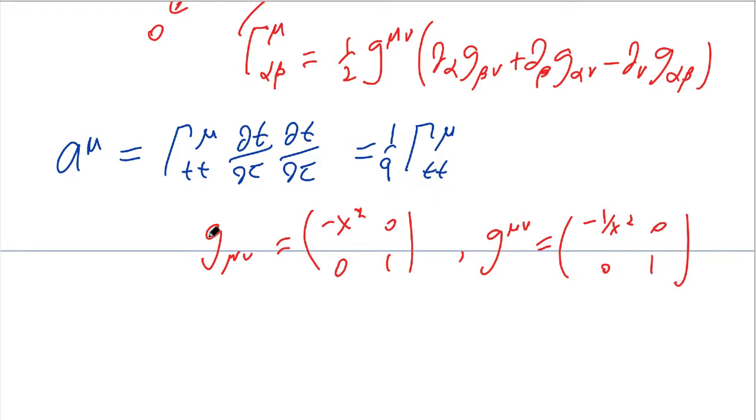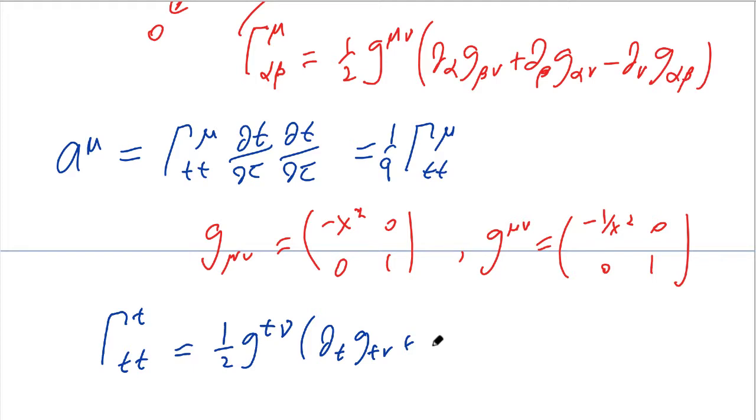So we'll start with gamma t, inserting mu equal t, alpha equal t, and beta equal t into this expression. We have 1/2 g t nu partial t g t nu plus partial t g t nu minus partial nu g tt.